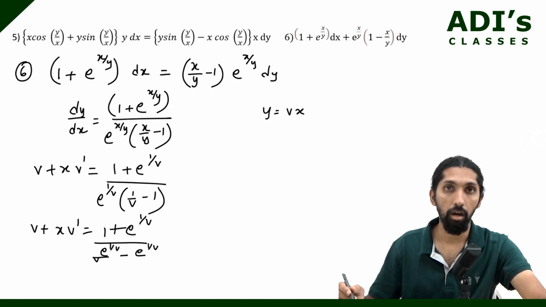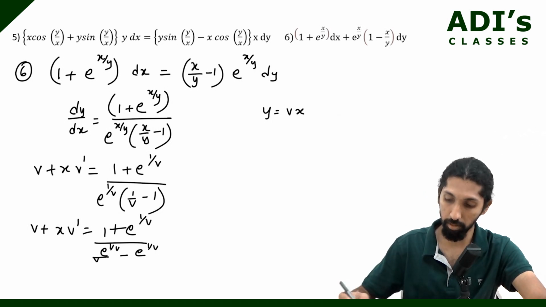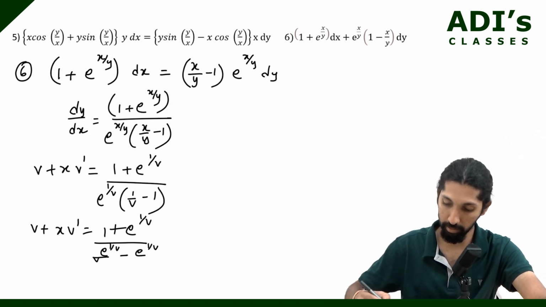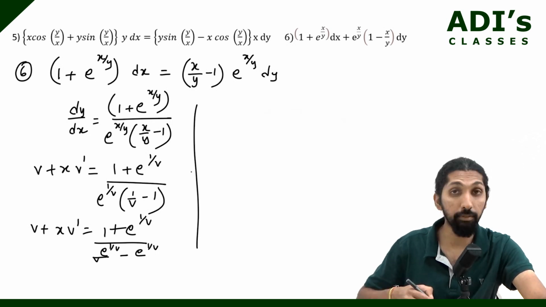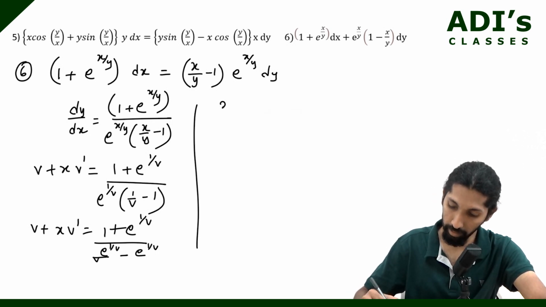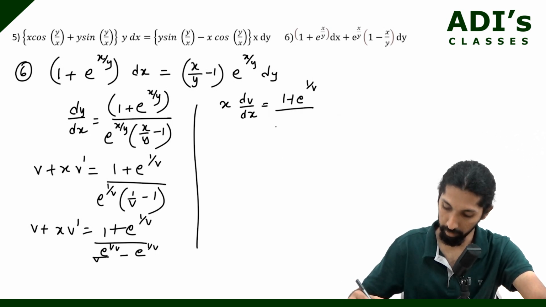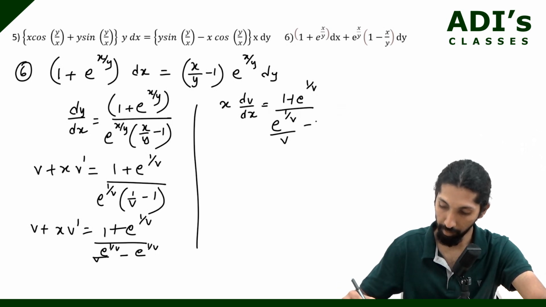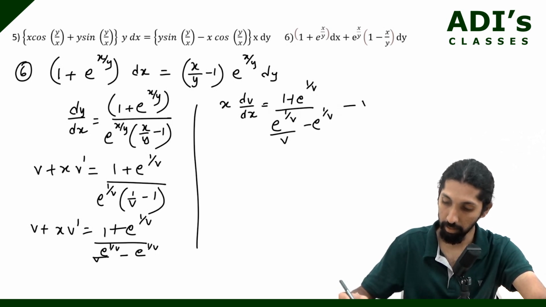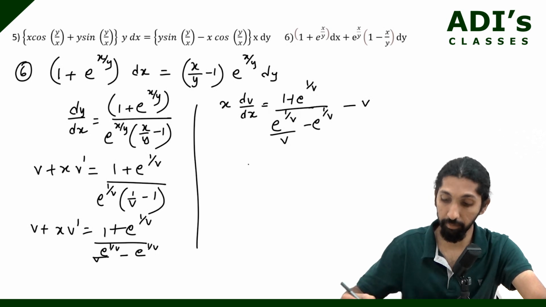So we'll erase this one. This is not really necessary. Take the v that side. x into dv by dx equals 1 plus e power 1 by v by e to the power of 1 by v minus v. Guys, technically we just multiply, taking the LCM.